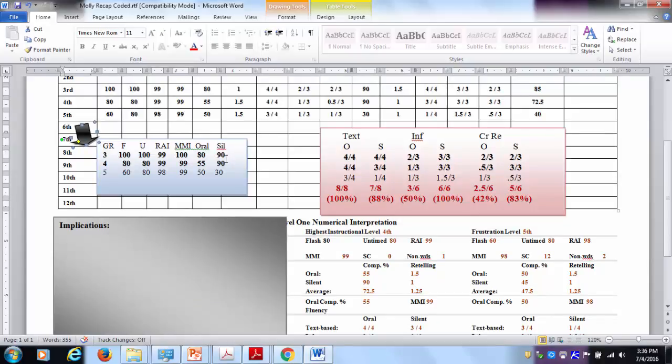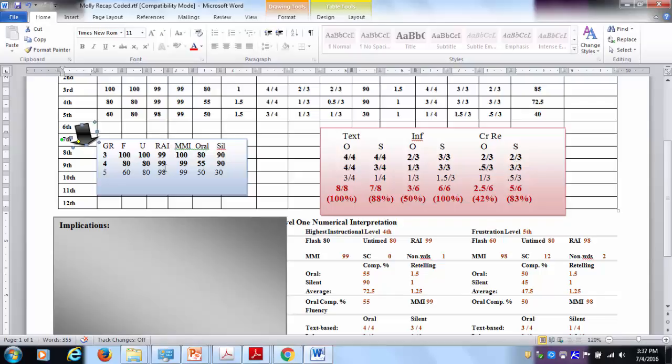Please note that Molly was strong with both flash and untimed at the 3rd grade. However, starting at her own current grade level, she's starting to have some difficulties with word recognition. So that becomes a flag and a question mark, because then we ask, does this follow through to context?